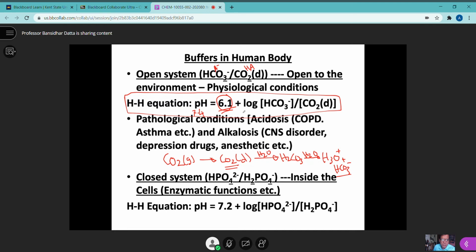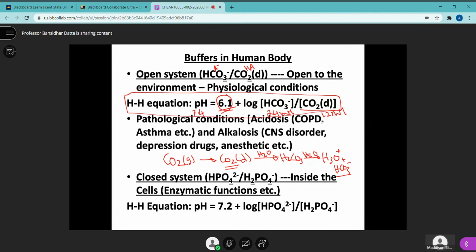It's pretty close, but it depends upon the concentration of carbon dioxide. And the bicarbonate concentration inside our blood is fixed. It's about 24 millimolar. We can write down 24 millimolar. And carbon dioxide dissolved varies, and that is 1.2 millimolar.